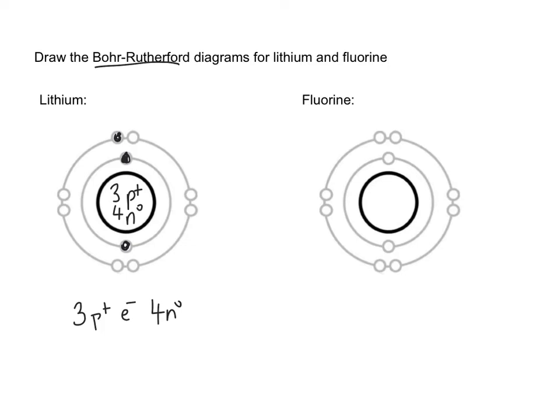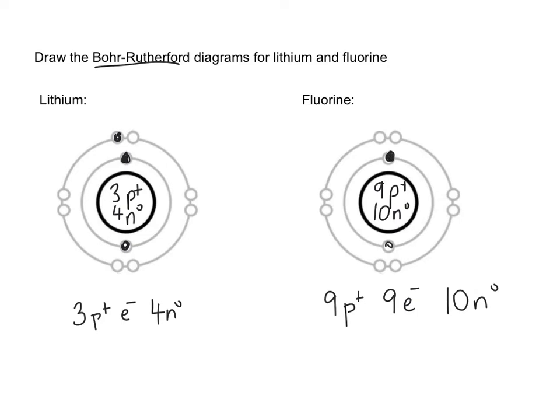Fluorine, atomic number 9, so it has 9 protons, 9 electrons, and 10 neutrons. Again, we got that from our table we just did. So 9 P pluses, 10 neutrons, and now we fill in the 9 electrons.